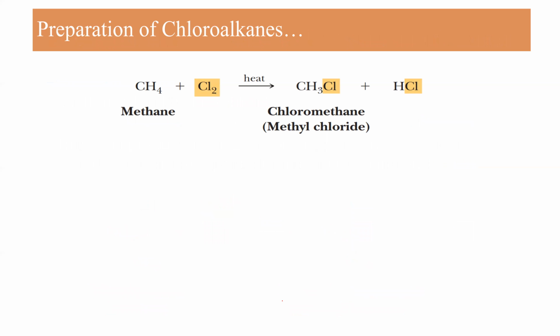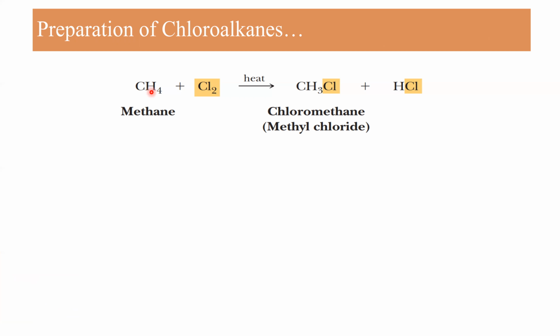So here, the next thing is, the first example was for the bromoalkanes, and now we'll talk about how we can prepare the chloroalkanes. So of course, for the chloroalkanes, we can use any of the chloro acid or the Cl2. So here, this is the methane, which is called the natural gas. We are using this as a starting material.